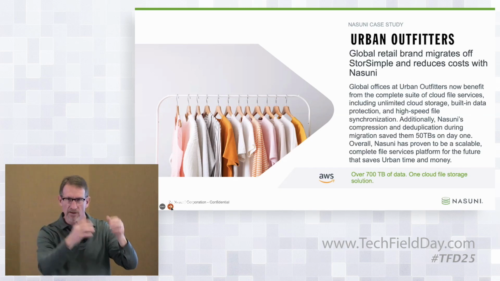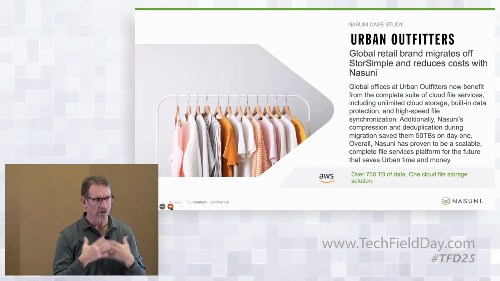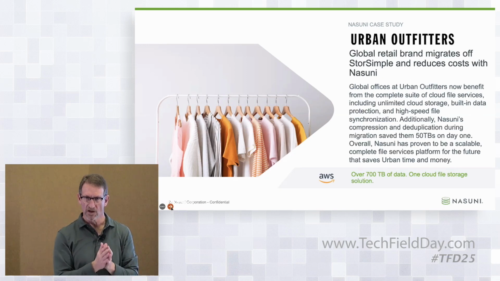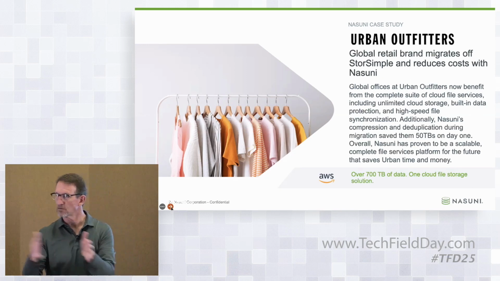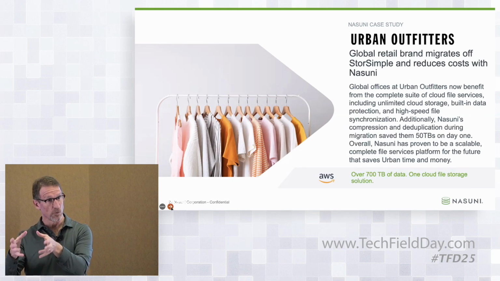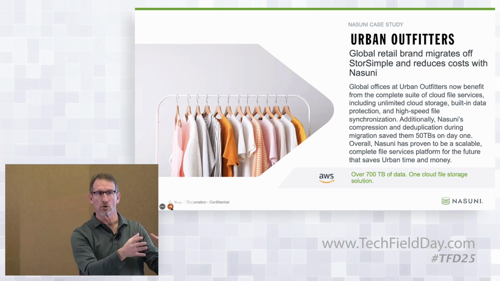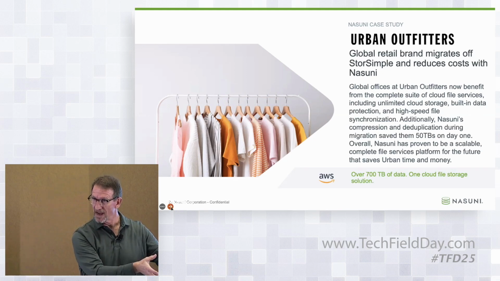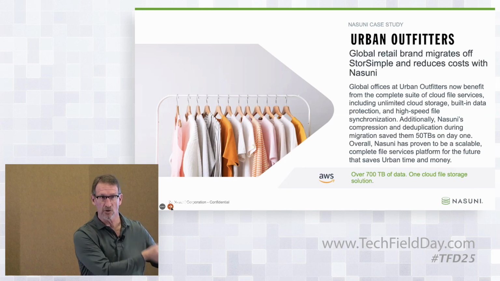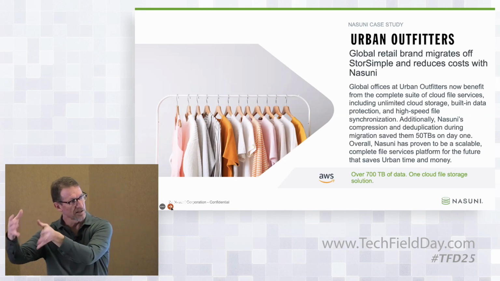And oh, by the way, one of the things that is important for you to understand about Nasuni is that we are cloud agnostic and we are multi-cloud. This customer actually wanted to move their data after it was in a cloud to another cloud. So they decided they wanted to move their data over into Google because they could get a better cost point and they could get access to some services that Google had that this other cloud provider did not have.